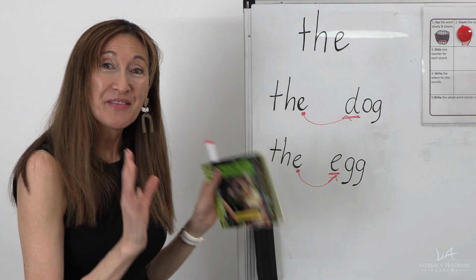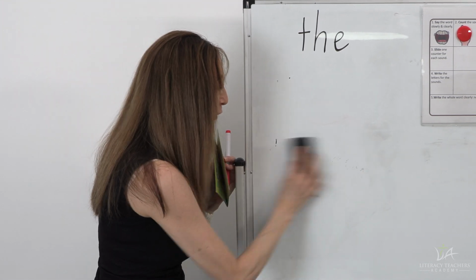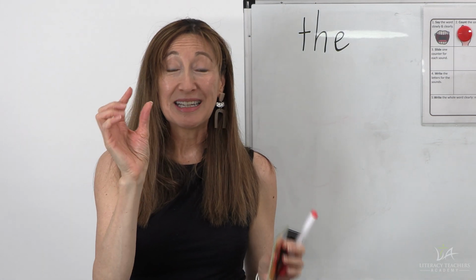It's a common word, but it certainly is a word where you might say it slightly differently to me, but also depending on what follows the word in a sentence, the E might make a different sound.